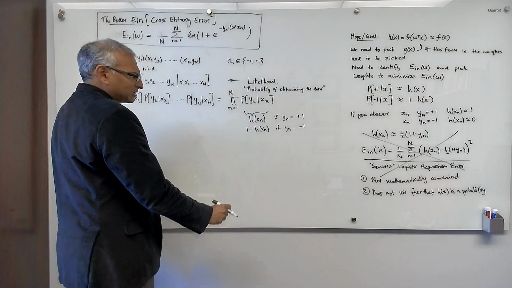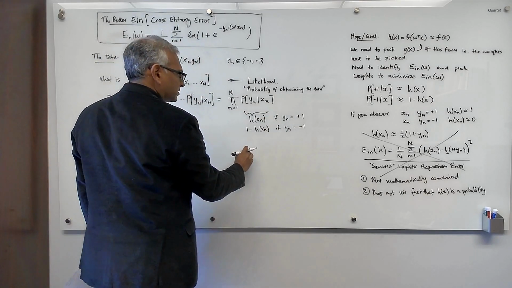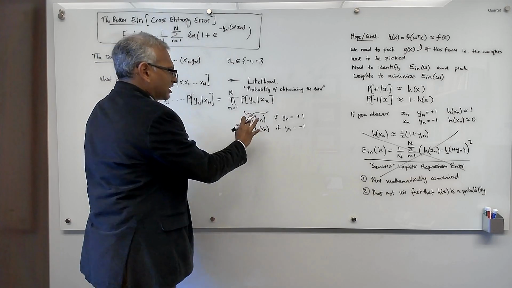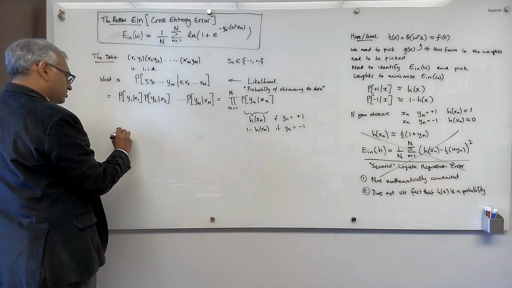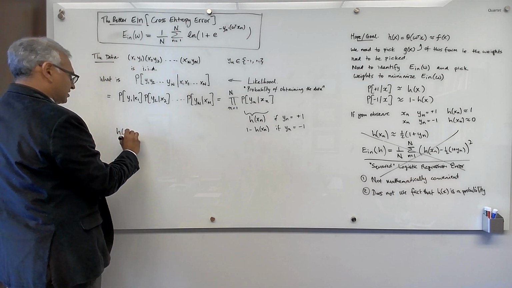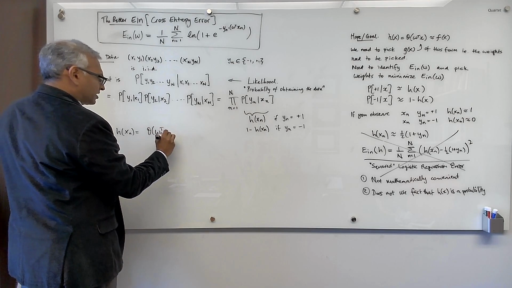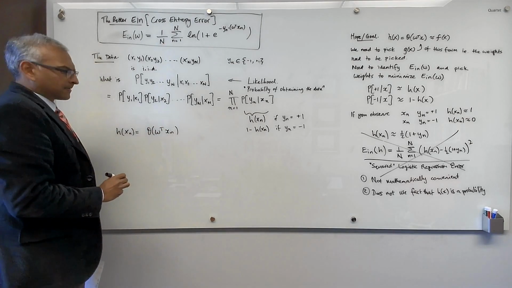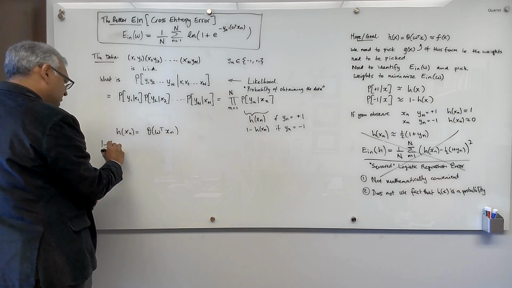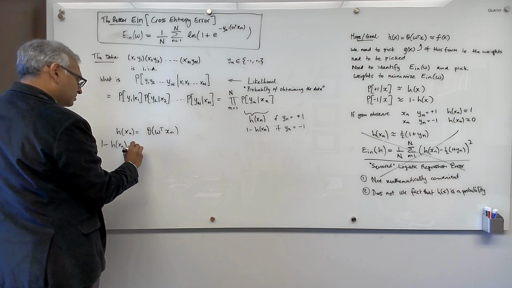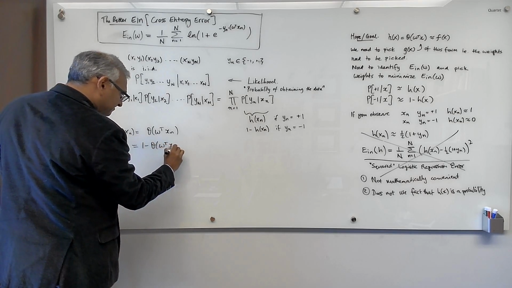Now it's going to be convenient to have a more compact way of saying this. Let's specialize to our choice of H. H of xn is equal to theta of W transpose xn, and 1 minus H of xn is equal to 1 minus theta of W transpose xn.